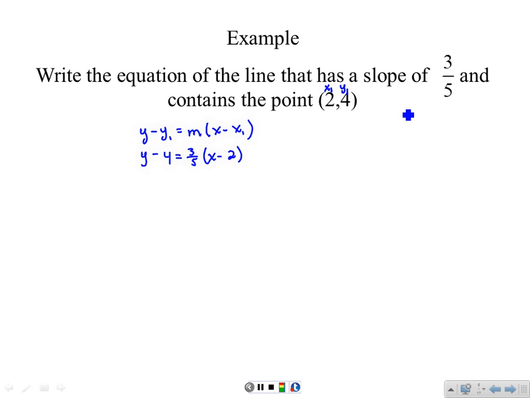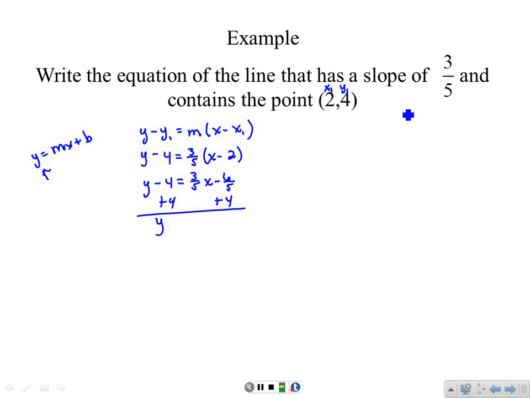Alright, and we're going to put this one in slope-intercept form. So we need to get y by itself. So we have y minus 4 is equal to 3/5 x minus 6/5. And then the only thing I need to do is add 4 to both sides in order to get y by itself, because slope-intercept form is y equals mx plus b. So y needs to be by itself.